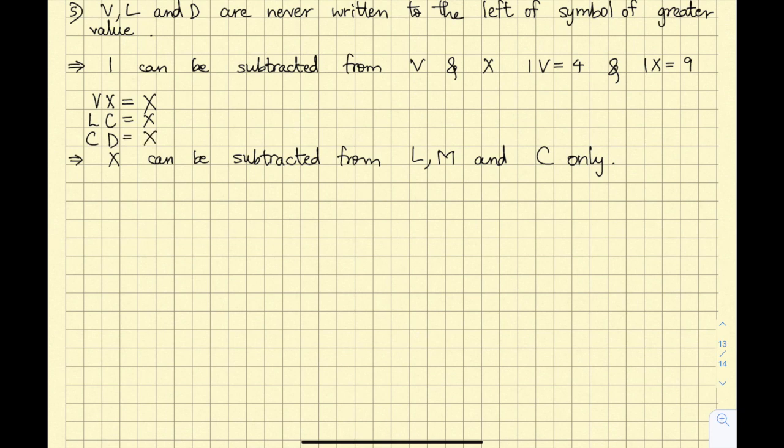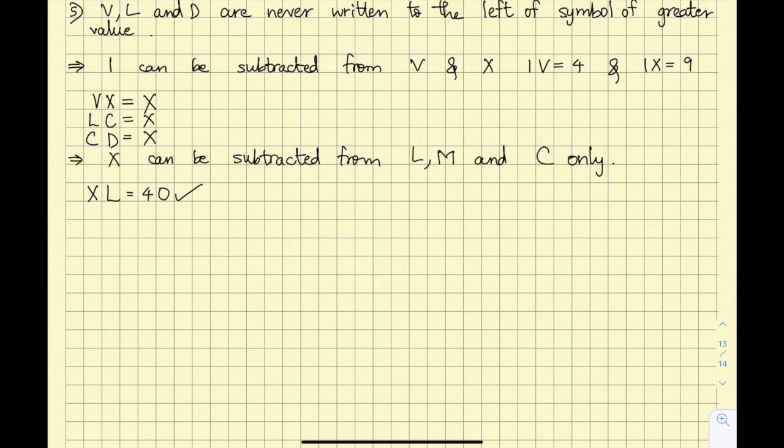And the last rule is that X, 10, can be subtracted from L, M and C only. Like for example, this is 50, before that if we write X, so this is 50 minus 10 is equal to 40, this is correct.